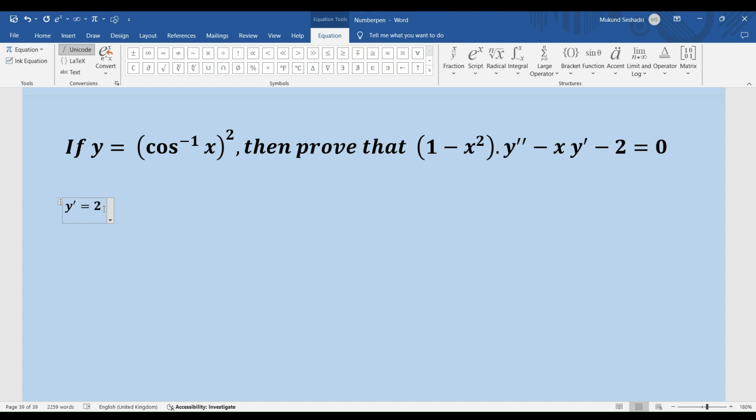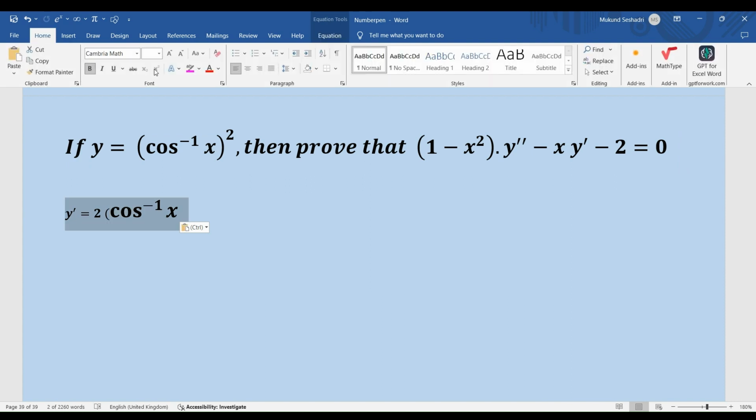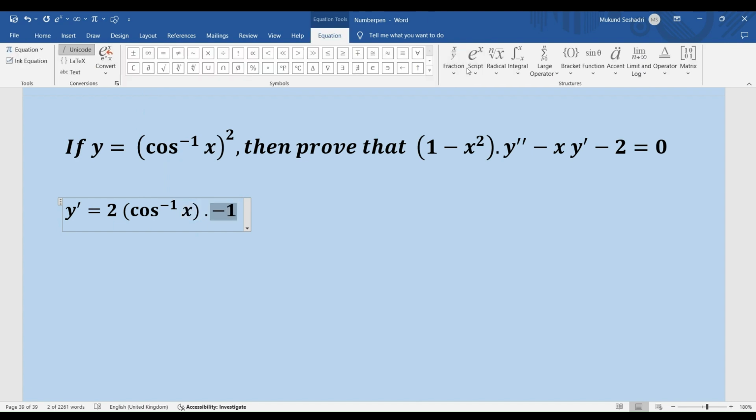From chain rule, I differentiate my square function first. So I get 2 times cos inverse of x. And then I differentiate my cos inverse of x, which is nothing but a minus of 1 divided by square root of 1 minus x square, right?